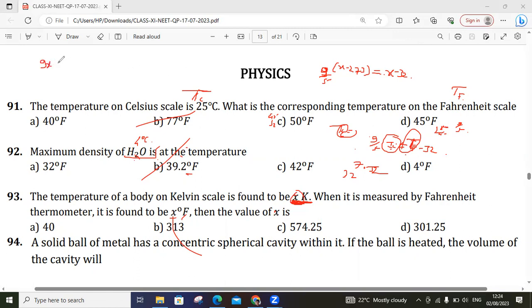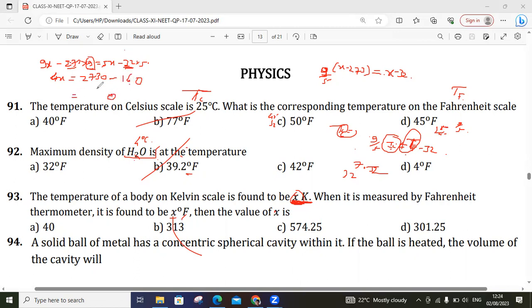So how do you find it? 9 into (X minus 273) is equal to 5 into (X minus 32). So this will go this side, 9X minus 5X, 4X. This will go this side. 273 into 9 they have given. I will take this as 2730, I will take it as 10. Then this will be minus 32 into 5, 160 it will be.